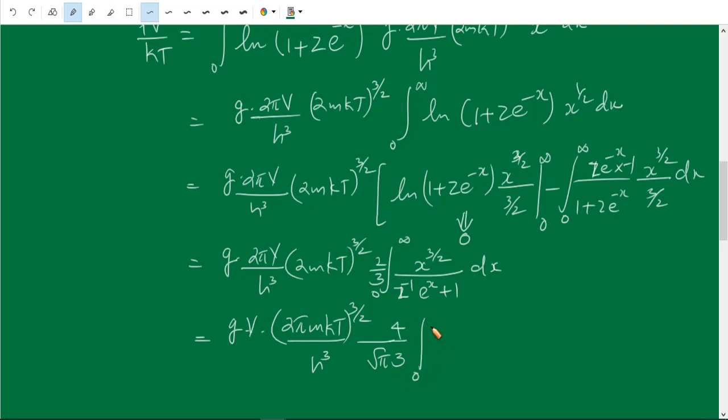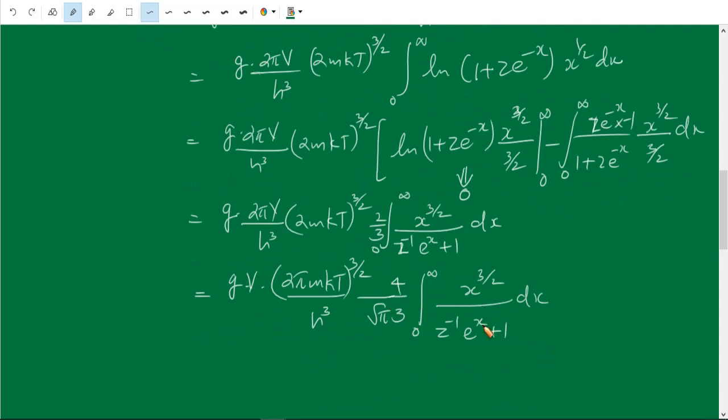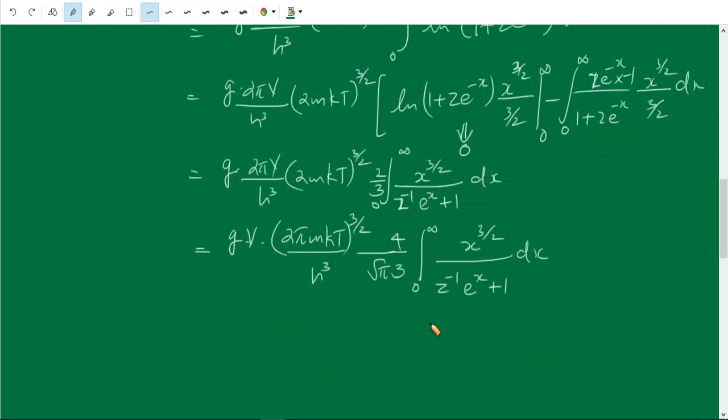Integral from 0 to infinity x raised to 3/2 divided by z raised to minus 1 e raised to x plus 1 dx. This is a similar type of integral we have seen in the case of Bose-Einstein, and here the only difference is the minus 1 became plus 1.